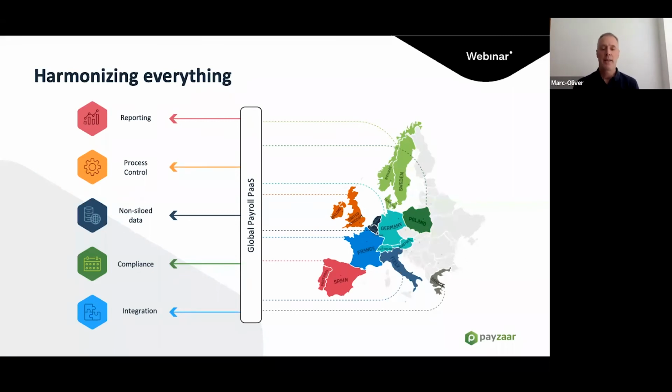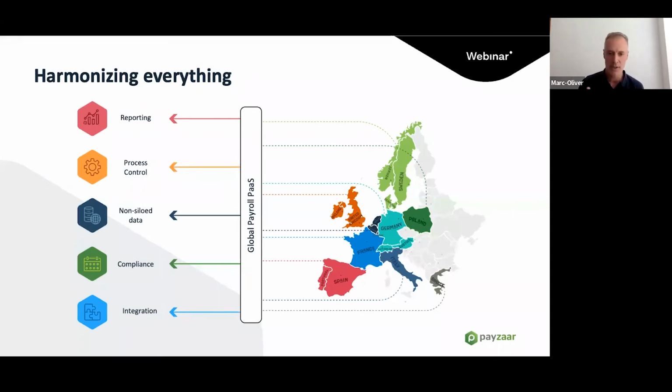Yeah, look, I think the picture says it, right? The tangles that we saw before, by applying a consistent model over the top of those local payroll solutions, it's not like you will no longer need local payroll experts and local payroll solutions for sure. Those are still in the picture.